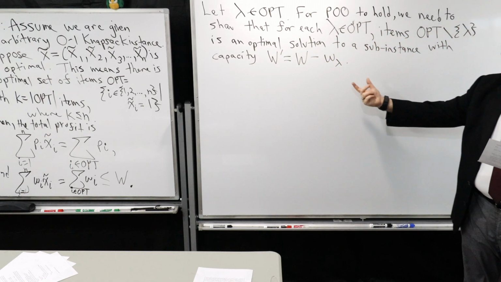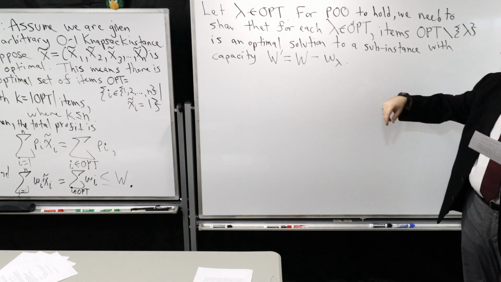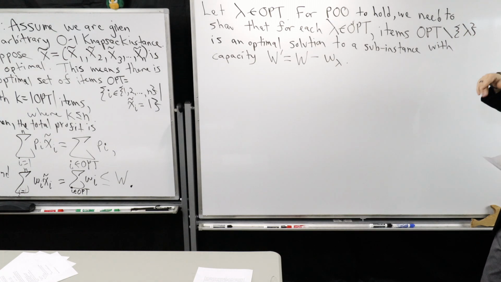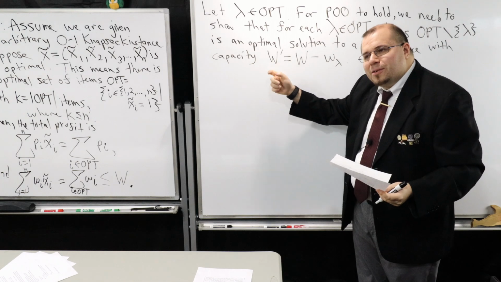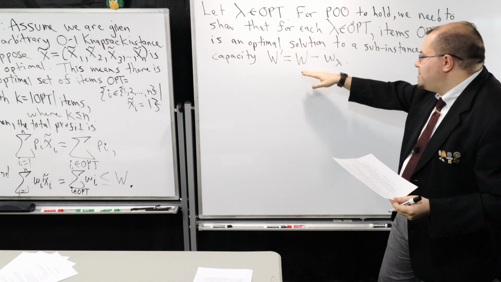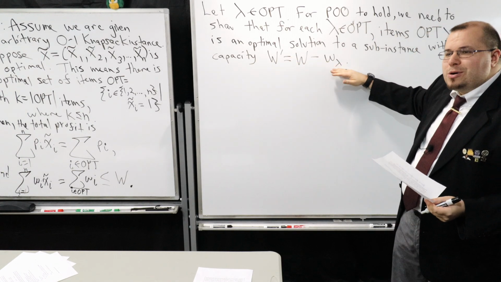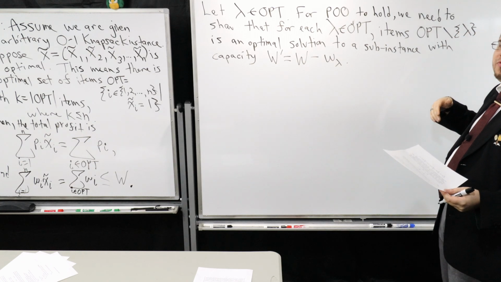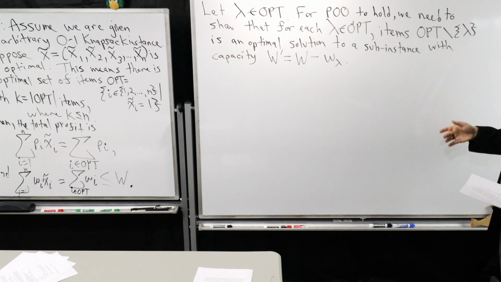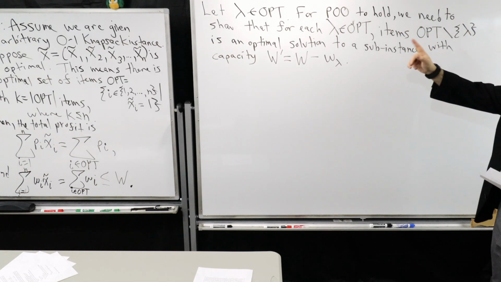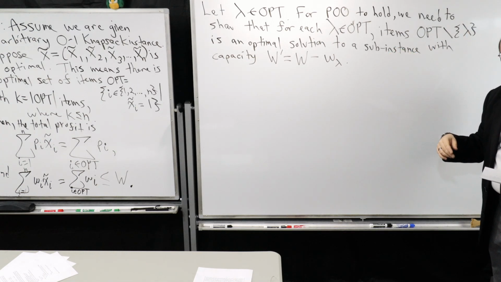So remember, this is the weight of item lambda. So what I'm saying is we're going to consider some subinstance where the new knapsack capacity I'm going to look at is W prime, where I'm just going to take what I had originally and remove this item from my solution. So I'm going to consider a subinstance where I have only the items less lambda, and the knapsack capacity is going to look like this.